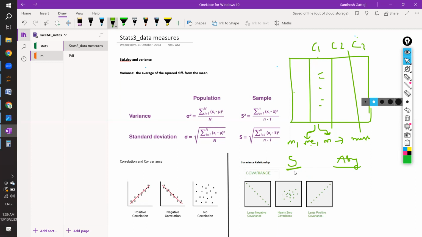Because yesterday I said in symmetric, the mean and median will always be the same. So you can use anything. But in asymmetric, you cannot use mean. Why? Because asymmetric means the distribution is not symmetric.